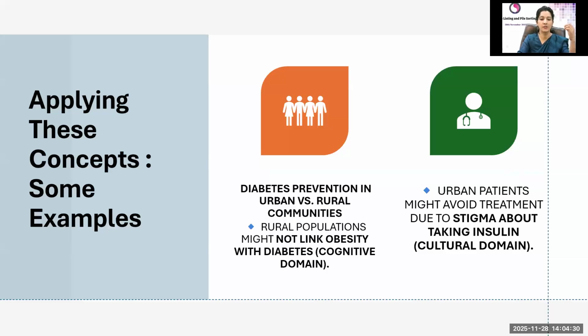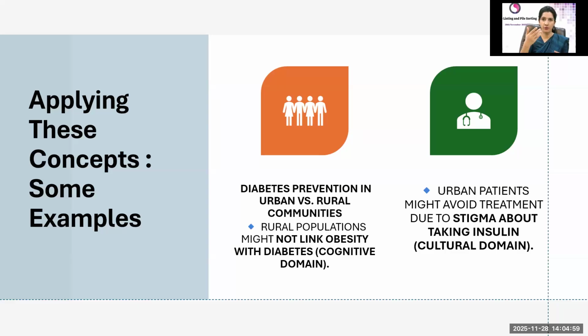So we can use these concepts for disease prevention, like we have just learned regarding the rural area, in the follow-up and the compliance of the medicine, and in the urban area also, because there is a stigma of insulin in the urban area also. Many people, even in spite of having very high blood sugar, there are people in my family having a random blood sugar of 250 or 300.